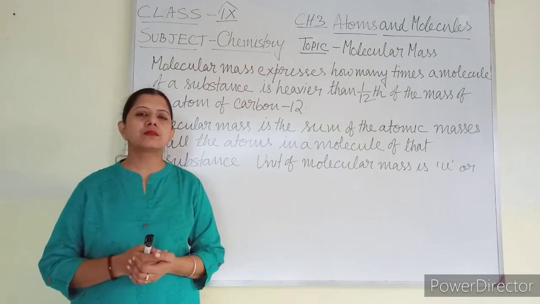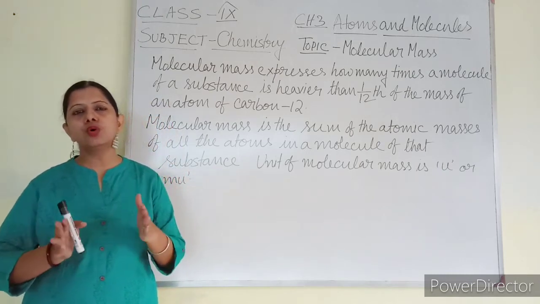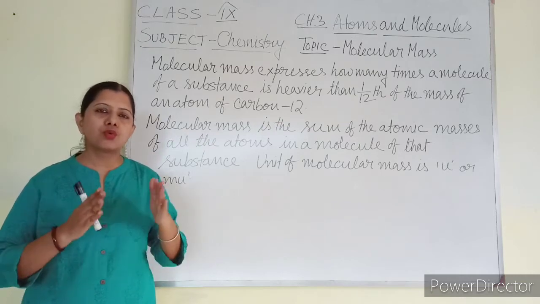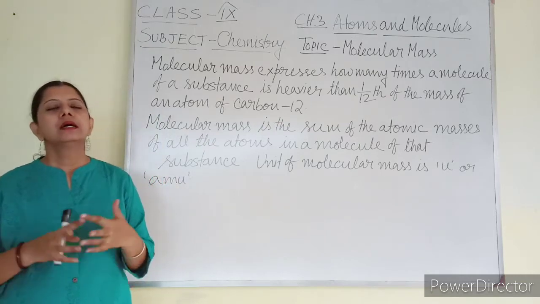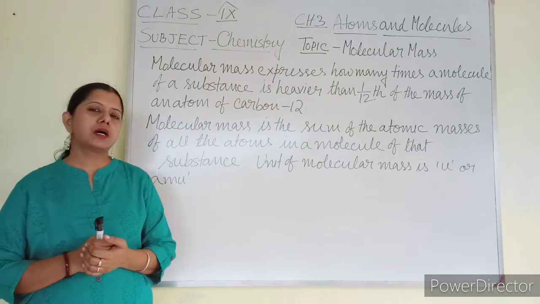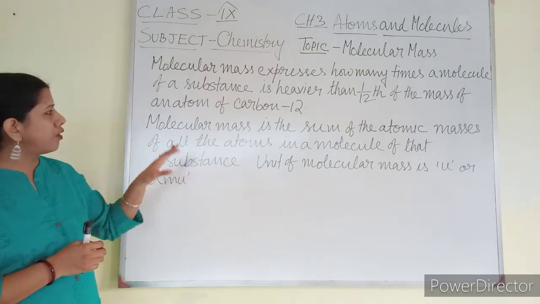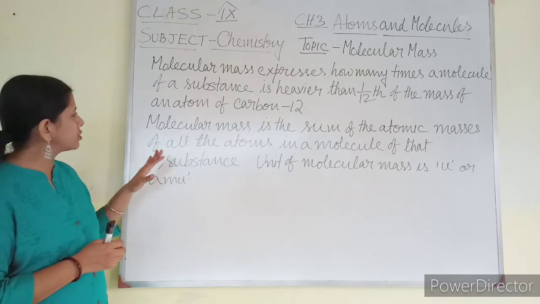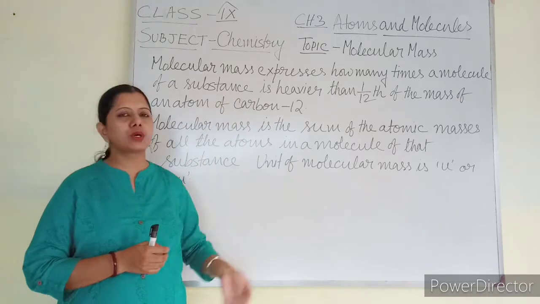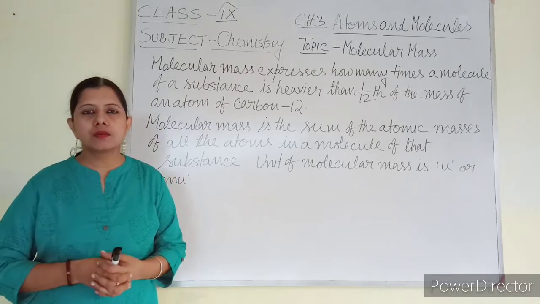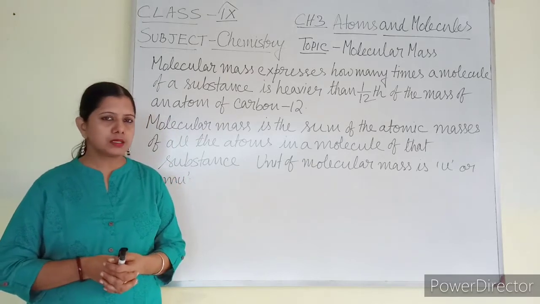We express the mass of an atom in U or AMU, atomic mass unit. So one atom of carbon, average atomic mass is 12 U. So we compare 1/12 of the mass of an atom of carbon with whatever the molecule is, and that is your molecular mass or relative molecular mass.